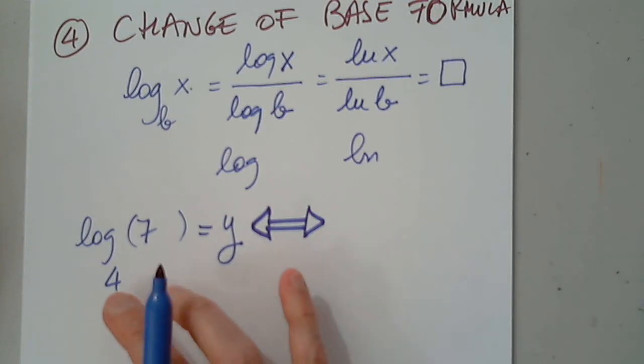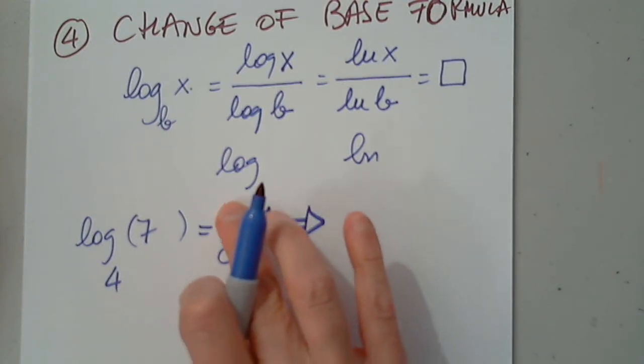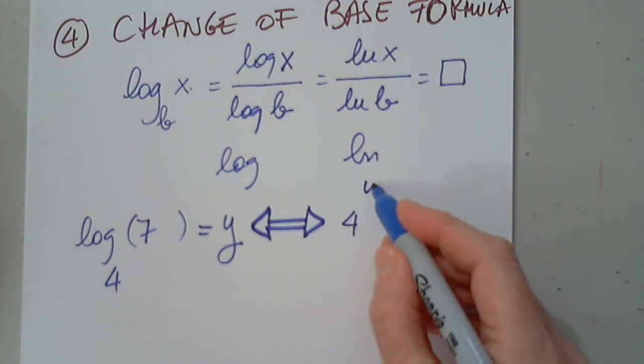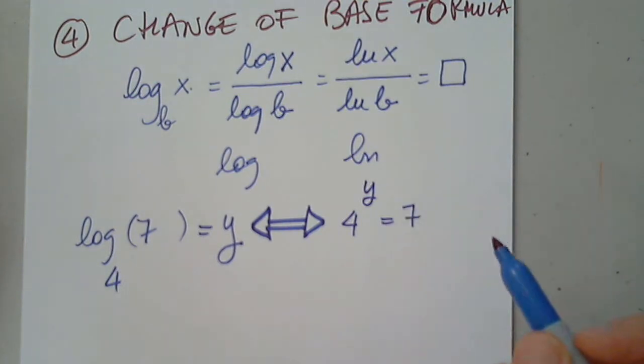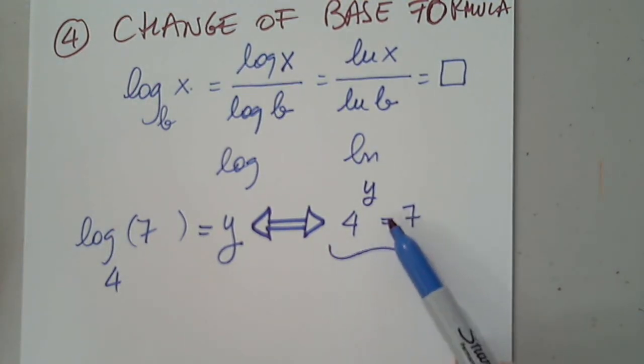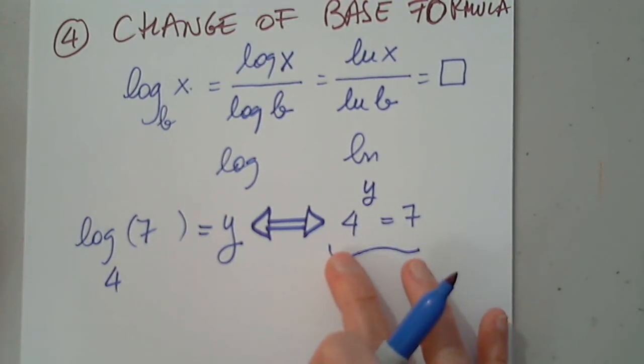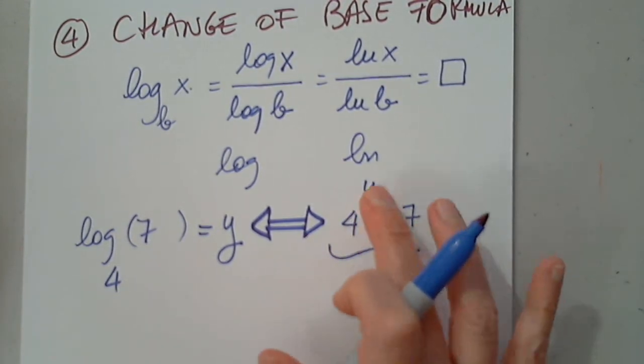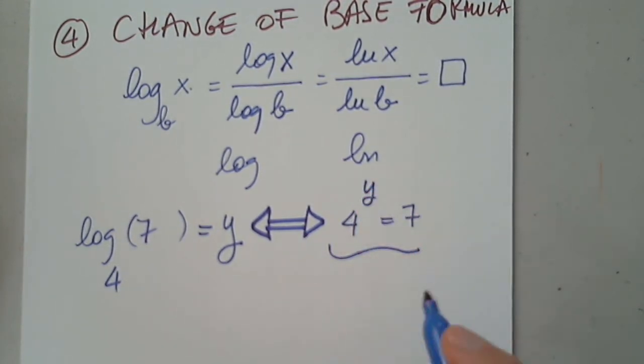And remember, we always start with the base and we go counterclockwise. 4 to the power of y equals 7. Good. Can anyone estimate this? Yeah, I can. It's definitely between 1, because 4 to the first power is 4, and 2, because 4 squared is 16.